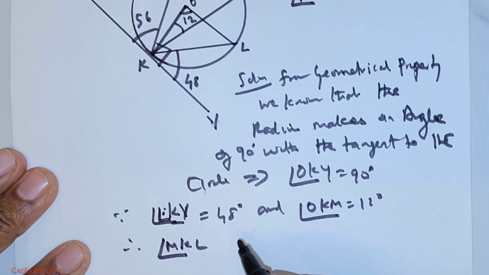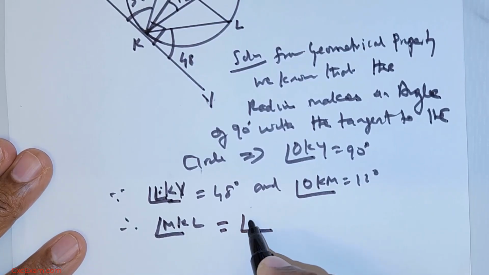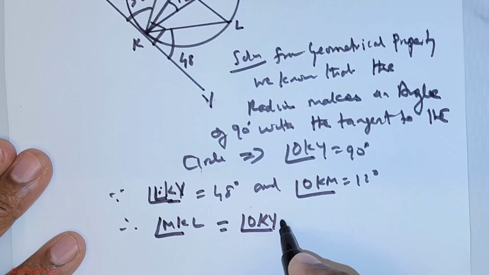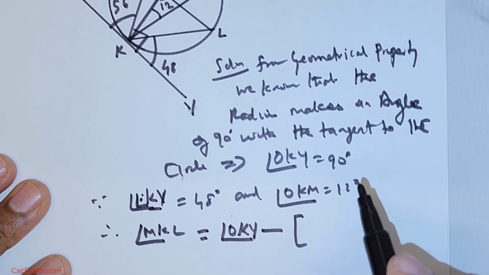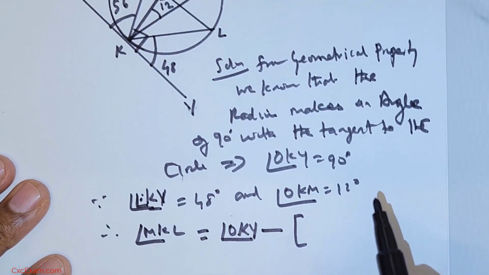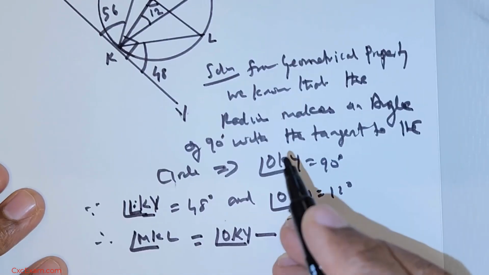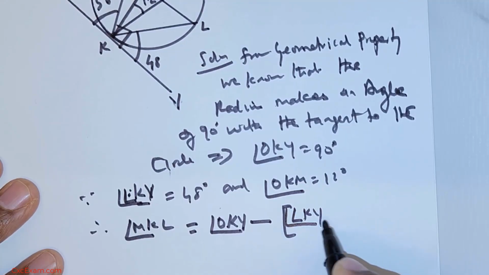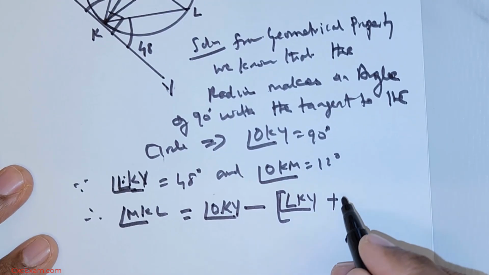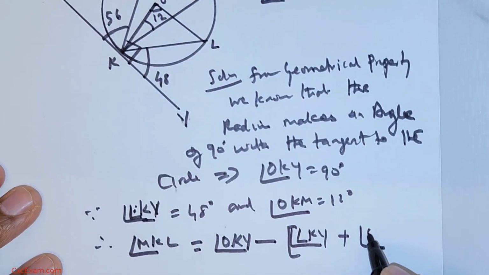Okay, I want this angle, so angle MKL is equal to angle OKY minus the sum of, so from 90 degrees I'm going to take away angle LKY plus angle OKM.